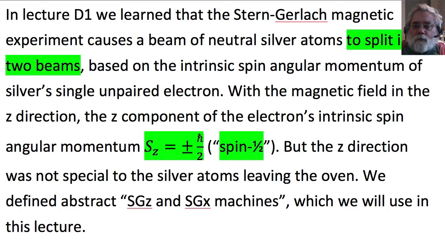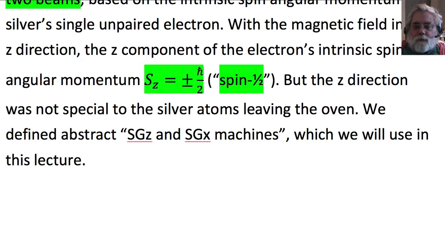But the z direction was not special to the silver atoms leaving the oven. There was nothing in the oven that oriented the atoms magnetically. We defined abstract SGZ and SGX machines, and we're going to use those in this lecture.